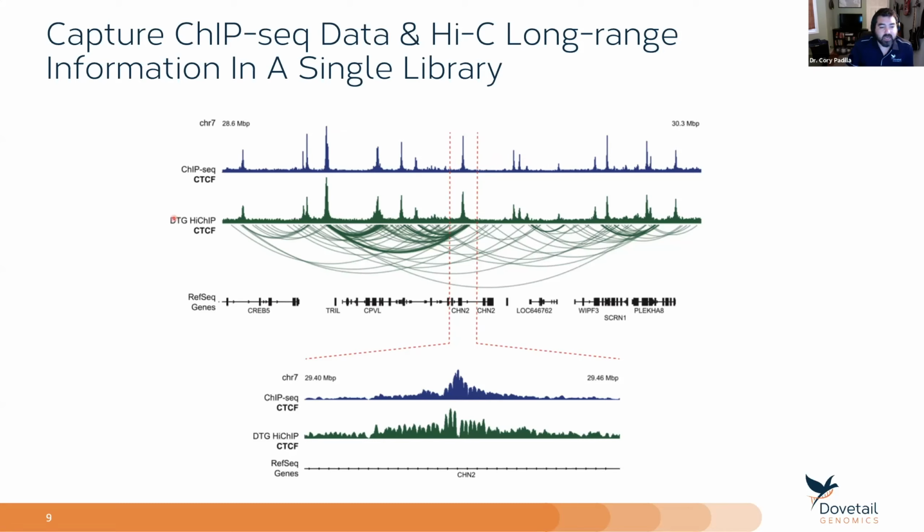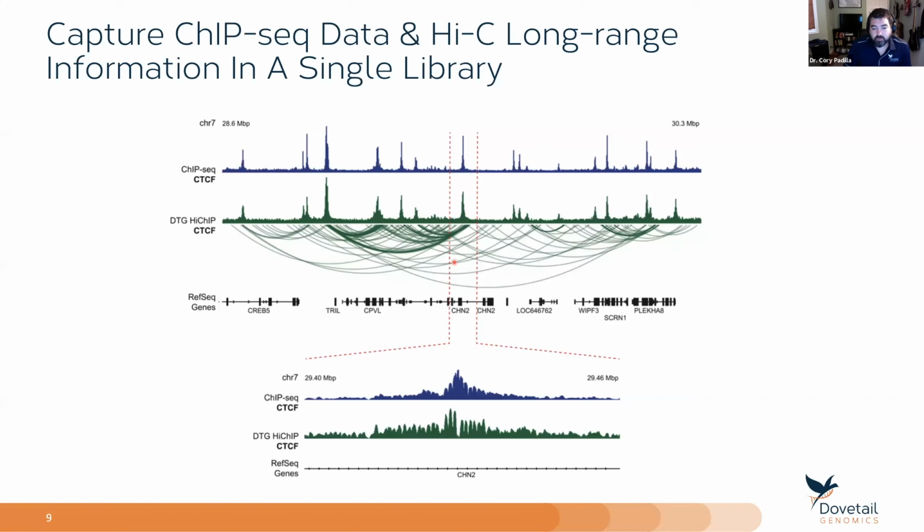And so with the HiChIP approach, bringing in that 3D information, we can recapitulate that ChIP signal, that protein anchor signal, but now we can see that there are sites here that are interacting with each other a lot more frequently than, say, this site interacting with this site over here, but this binding site interacts greatly with this region here and this region here, indicating that these are chromatin loops isolating genes within this region.